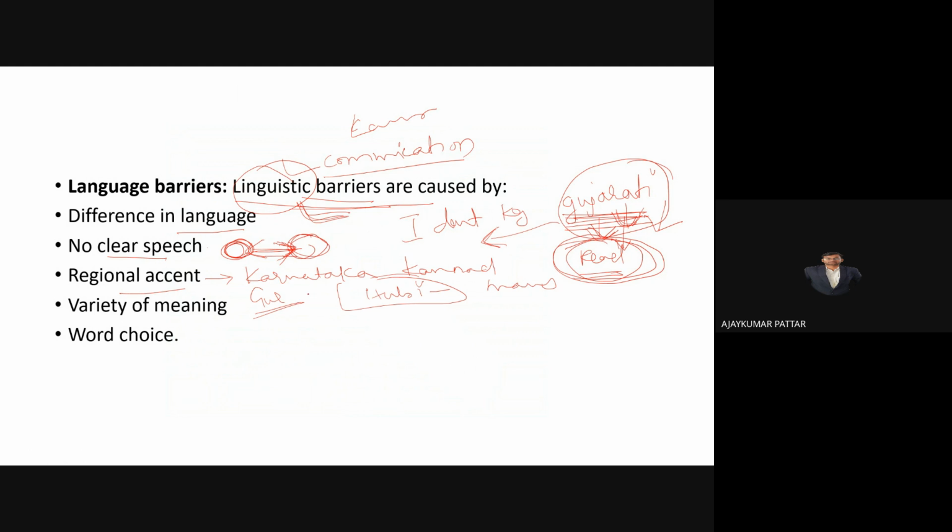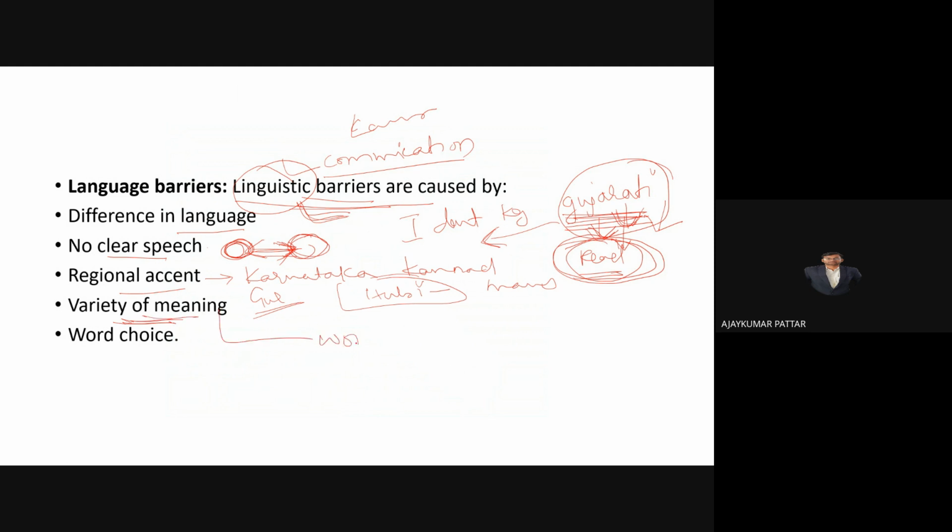Then some communication barrier will happen. So if any Bangalore person comes and talks in Gulbarga, then the accent and some words will not be easily understood. Only some amount of the language is understood, what they are actually telling. At that time we have some barrier in understanding, because of regional accent and language difference, small changes and variety of meaning.